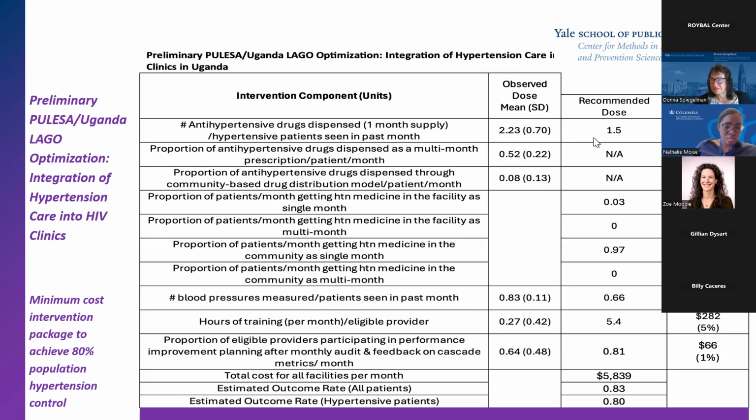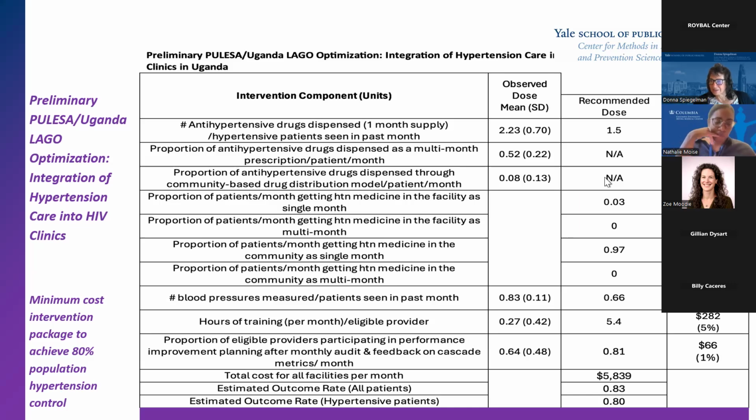So it recommended that the recommended monthly supply should be 1.5, which probably means most patients should be getting 1, but some can get 3. The proportion dispensed at multi-month was 50%. Oh, no, I'm sorry. That's what we were seeing, but the optimal intervention says not to dispense multi-month.